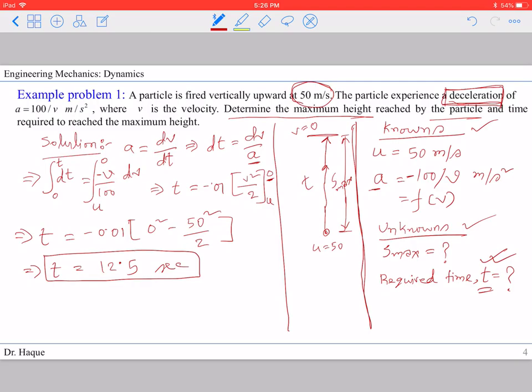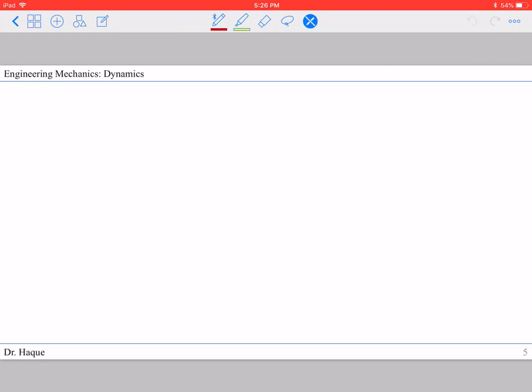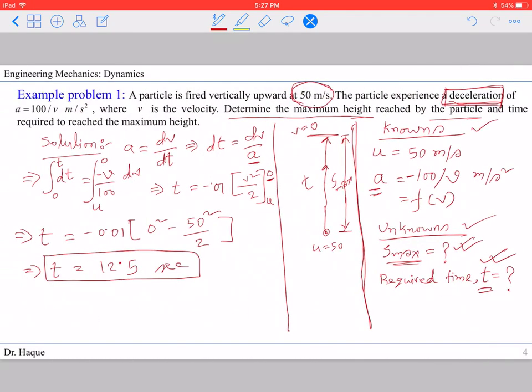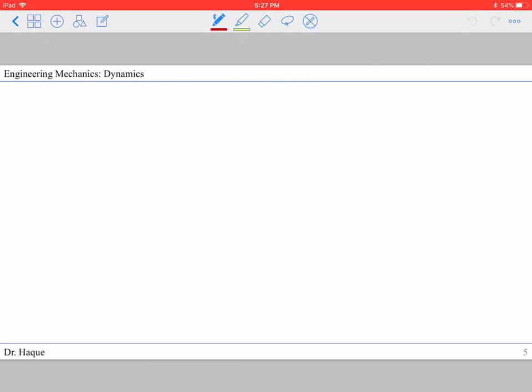So next we need to solve for the maximum height, and how can we connect maximum height with the given function, which is acceleration? We have the definition of acceleration as dv over dt, but this doesn't have any s, which is distance. So we need to recall another definition of velocity, which is ds over dt.